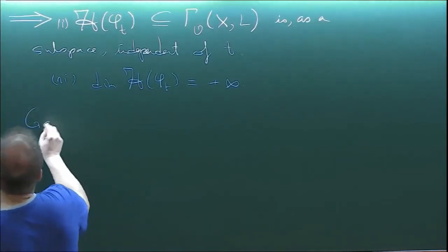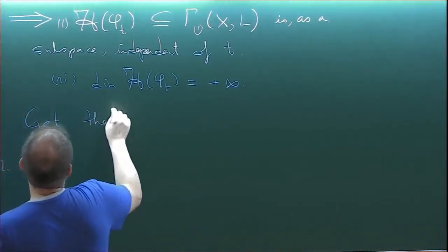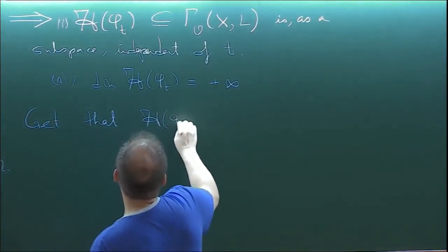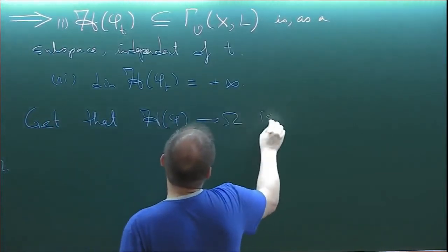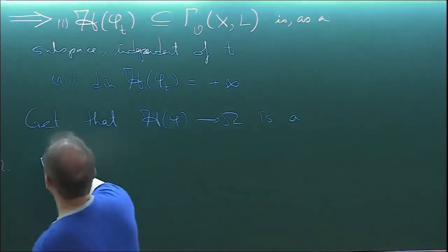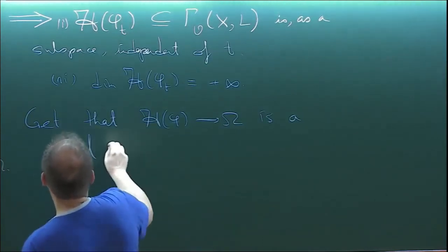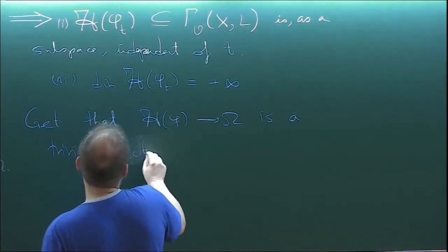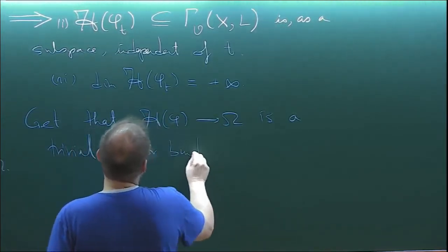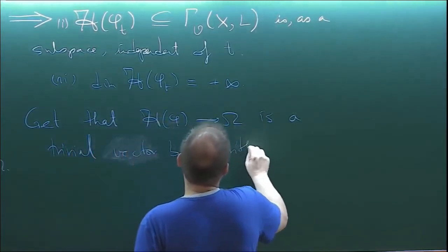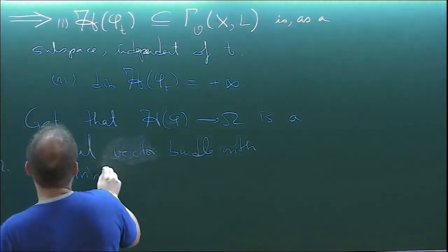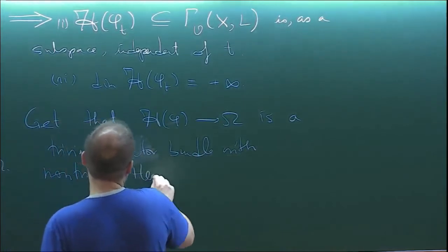So H of phi over omega is a trivial vector bundle with non-trivial Hermitian metric.